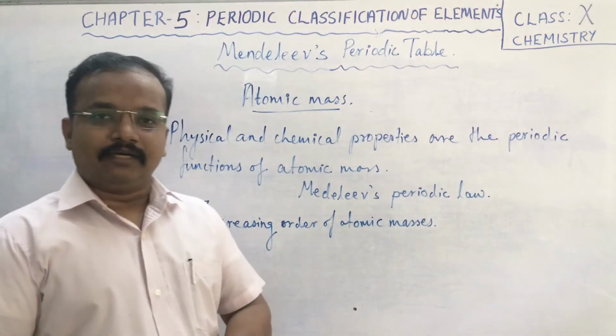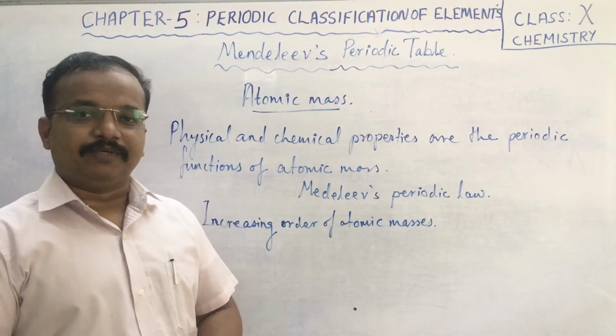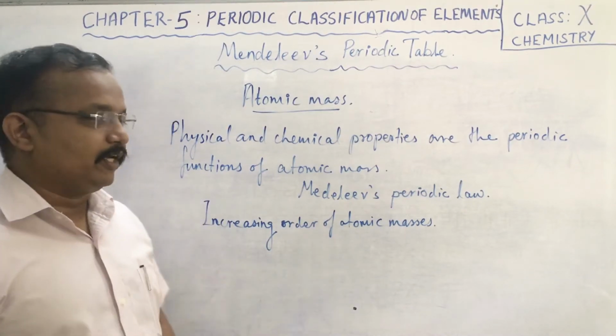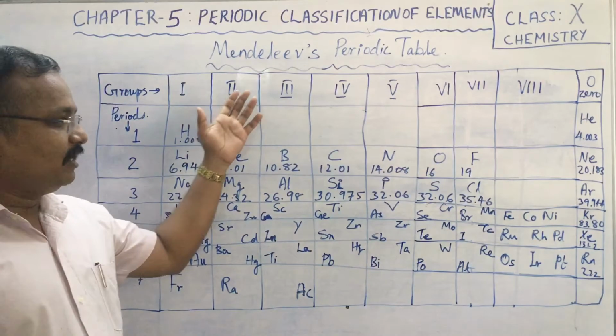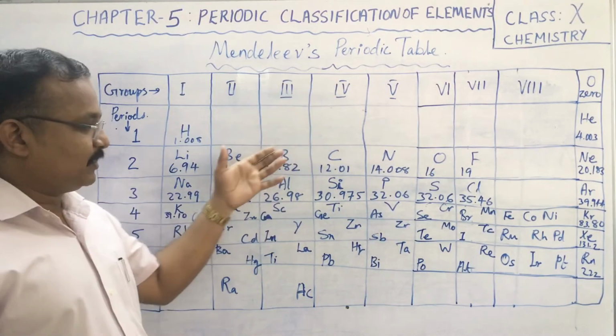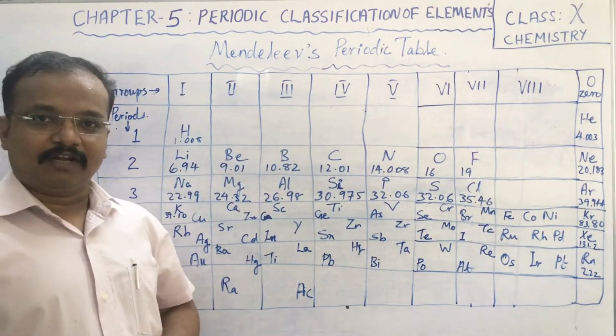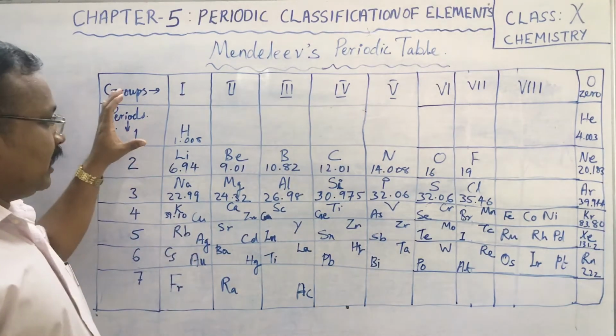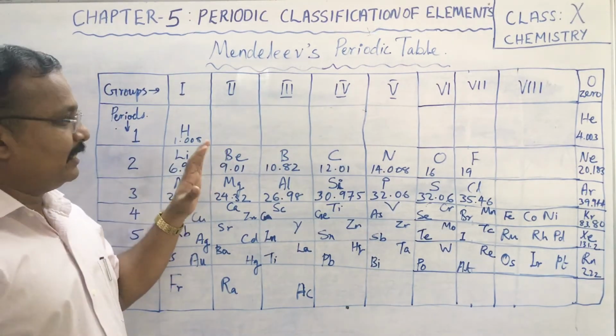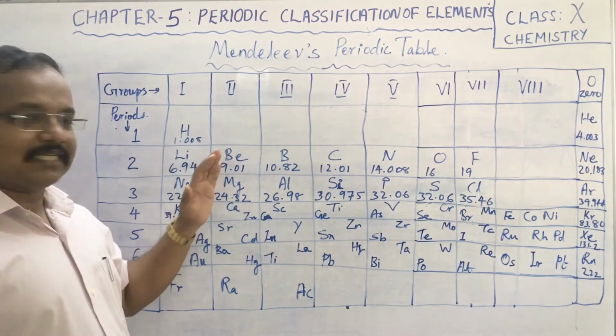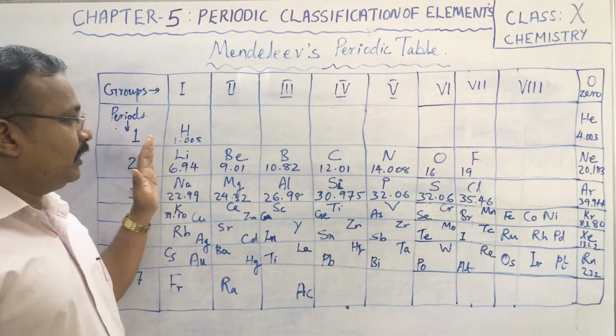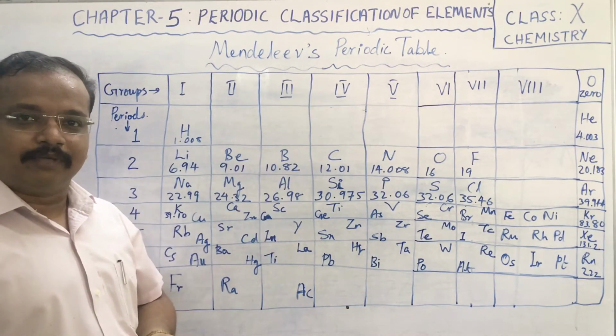Let us study the details of Mendeleev's periodic table. Let me draw the table. See here, children, we have Mendeleev's periodic classification in a tabular form. According to Mendeleev, he arranged elements, as I said in the beginning, according to the increasing order of atomic masses.